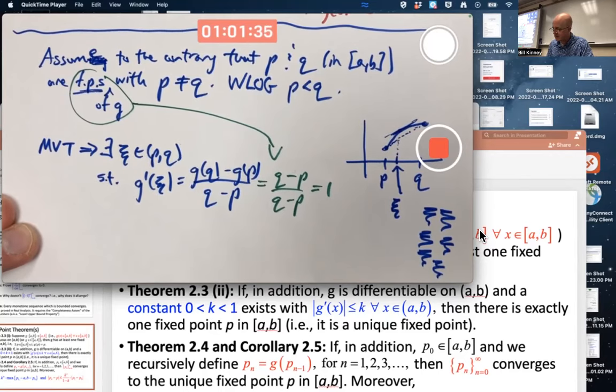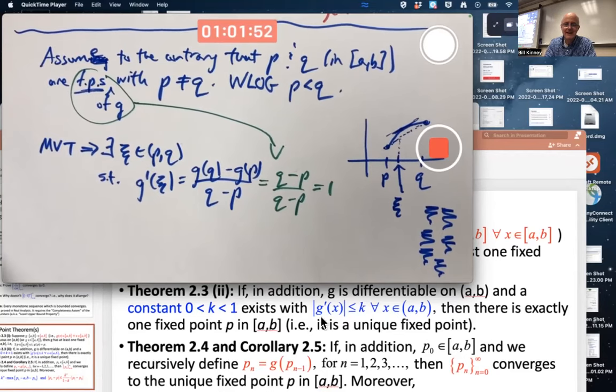G of Q equals Q, G of P equals P. I get Q minus P over Q minus P equals 1. But wait a minute. That can't be right. G prime of C equals 1. That would contradict the assumption in the theorem that the derivative is always less than or equal to K in absolute value, where K is less than 1. Done. Contradiction.